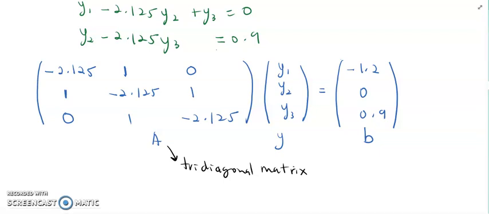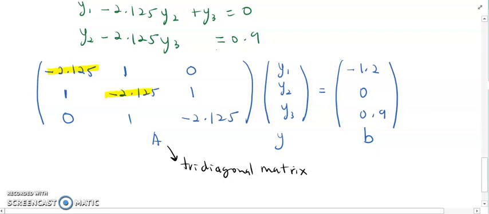Before you use the formulas in the Thomas algorithm, let's identify the C, D, and E terms in matrix A. As I explained in my Thomas algorithm video, this is the main diagonal.